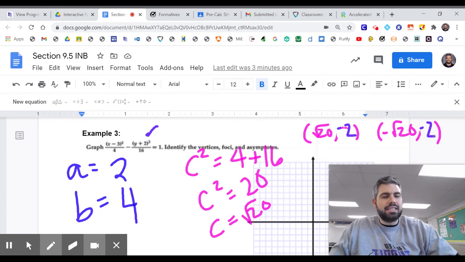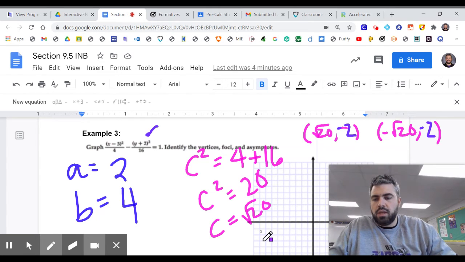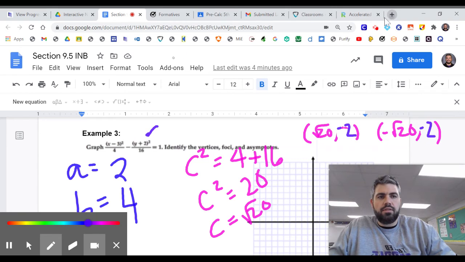All right. Now, instead of trying to graph this ourselves, we actually have the opportunity to use something like Desmos. So let's do that.